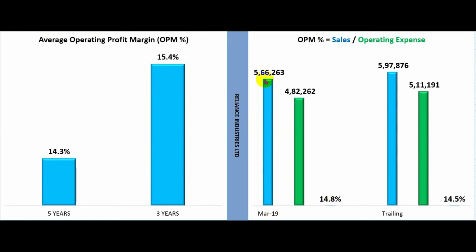On total sales of 5,66,000 crores, the company's operating expenses were 4,82,000 crores. And in the latest 12 months, the margin is still at around 14.5%. So what we can see is that the company's range is slightly above 14% and below 16% throughout the last 5 and 3 years.